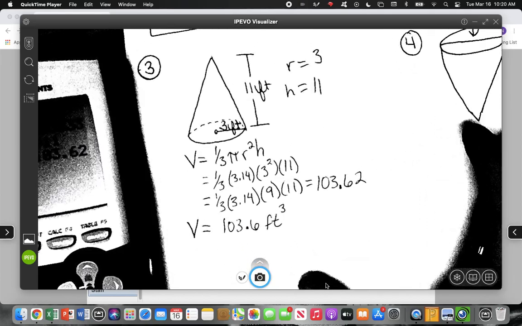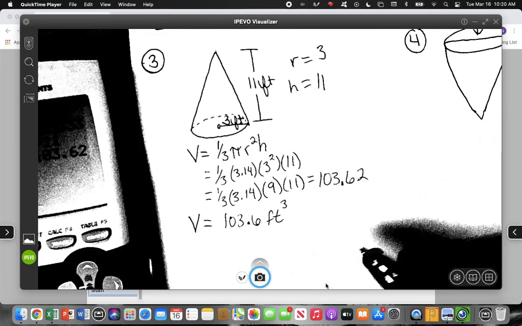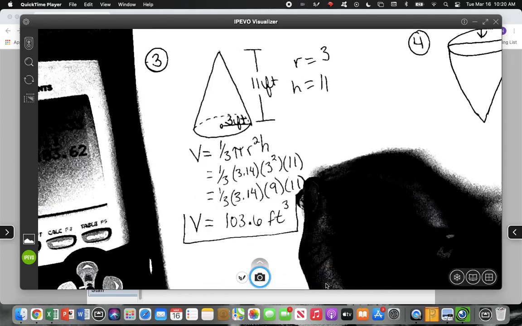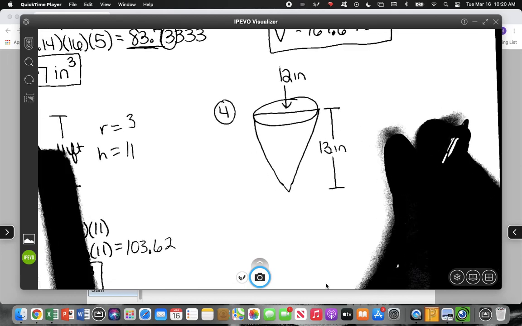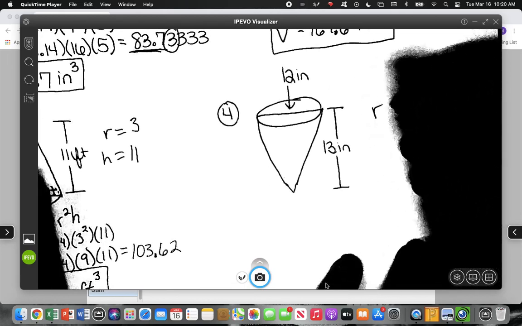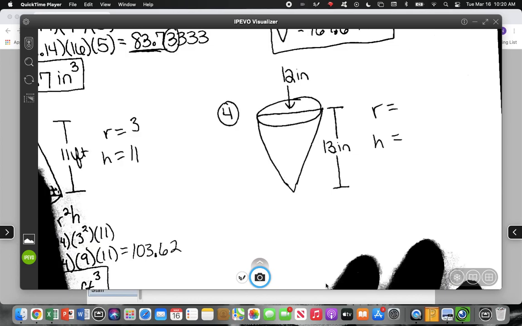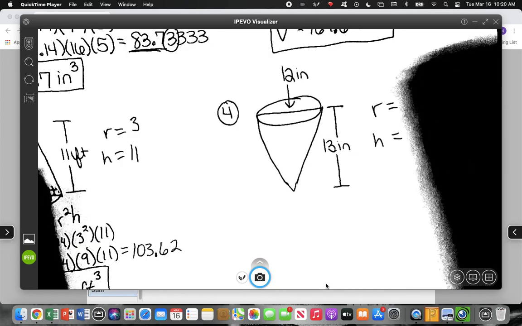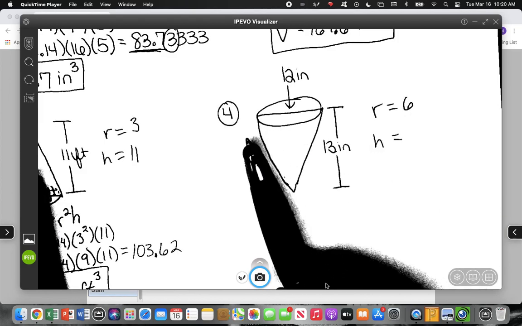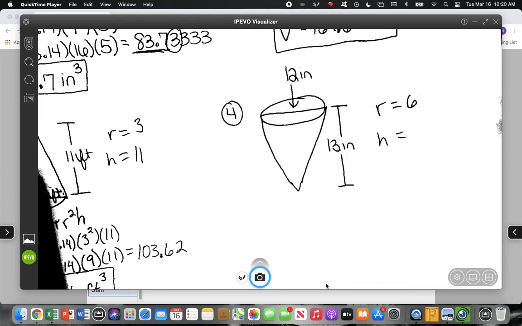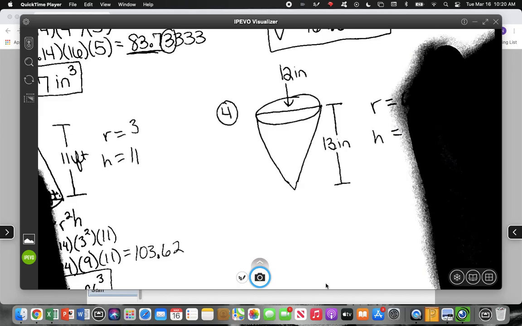All right, so our label should be feet cubed, right? Hey, focus, you got one more. All right, last one, guys. What's our radius on this one here? Why is it 6? Yeah, can you see that that one's the diameter, right? So we want to divide that by 2 to find the radius. What's the height? 13.